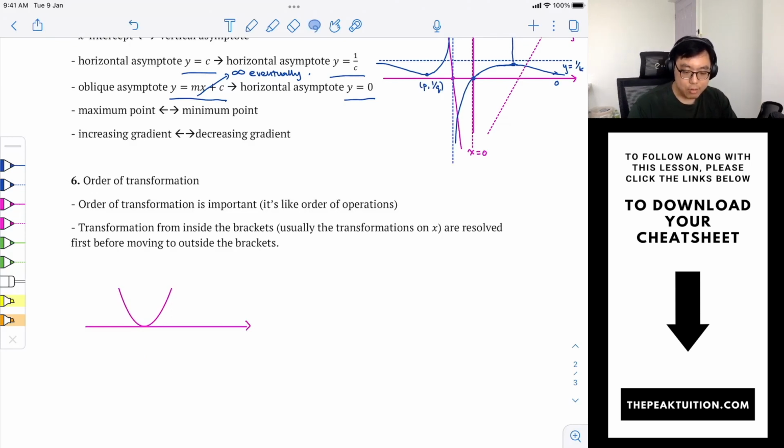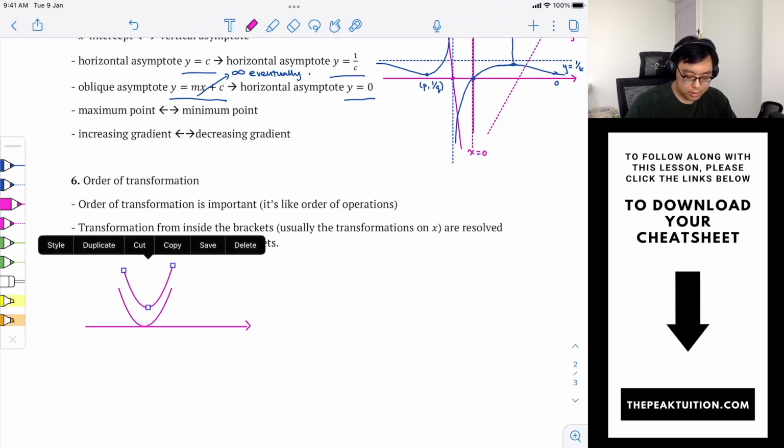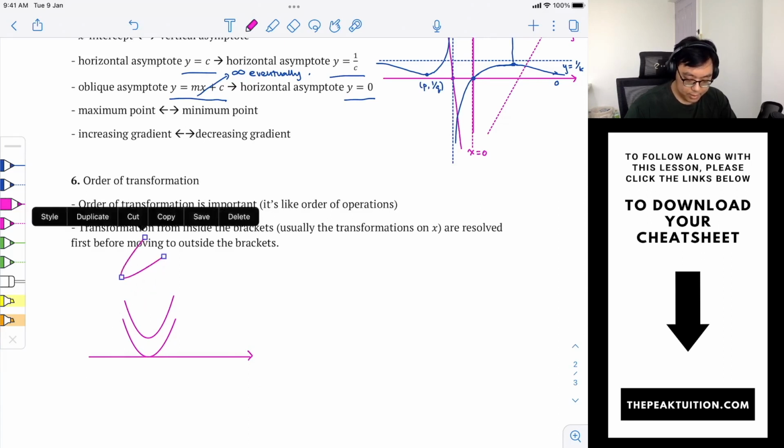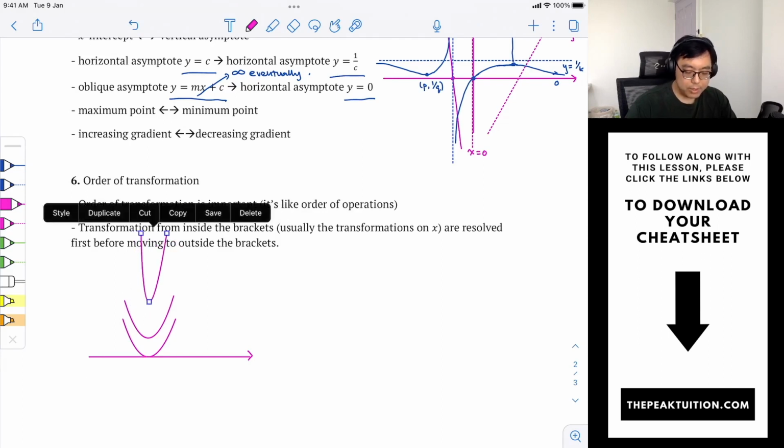We translate up like this, then we scale it so it becomes sharper, scaling it in the y direction.